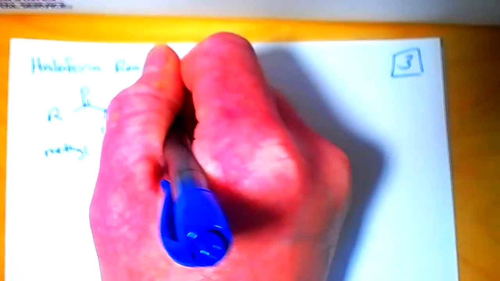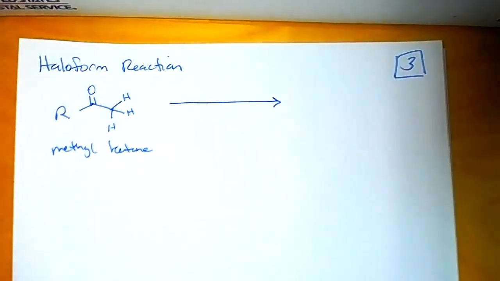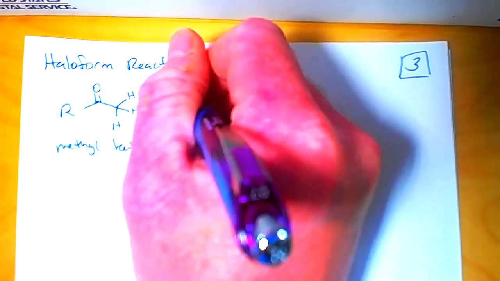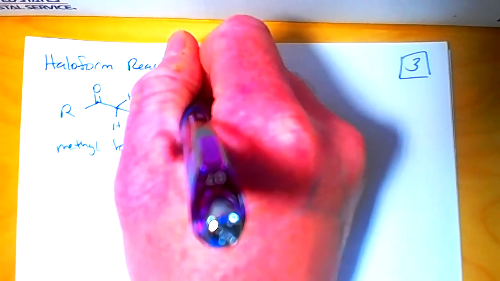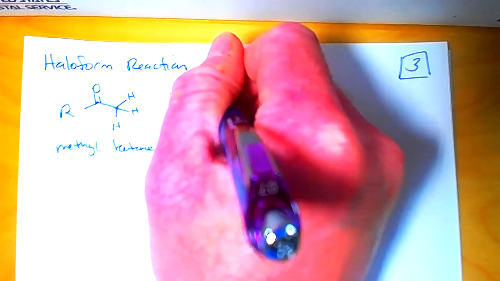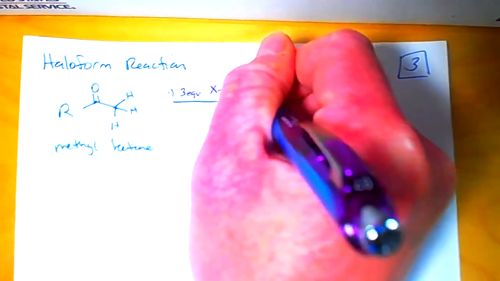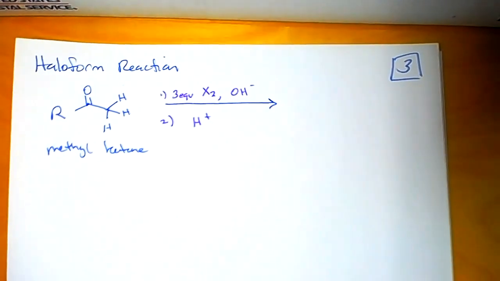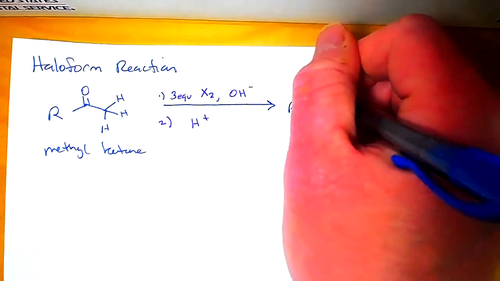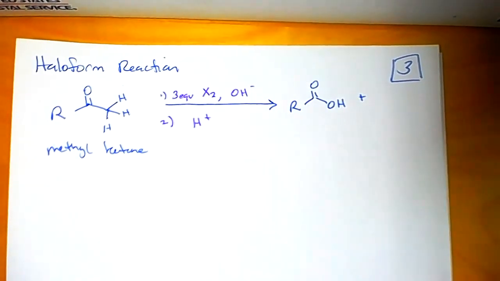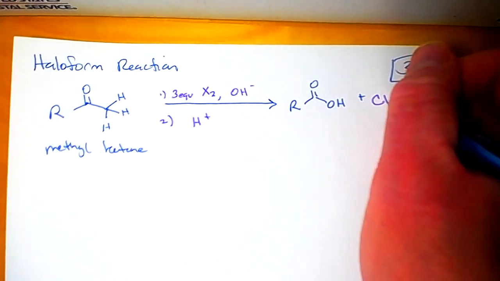And what we said in the last chapter, chapter 17, is that if you were to take this compound and treat it with at least 3 equivalents of a halogen in the presence of base, followed by an acid workup, that would result in the formation of a carboxylic acid and a molecule of haloform.